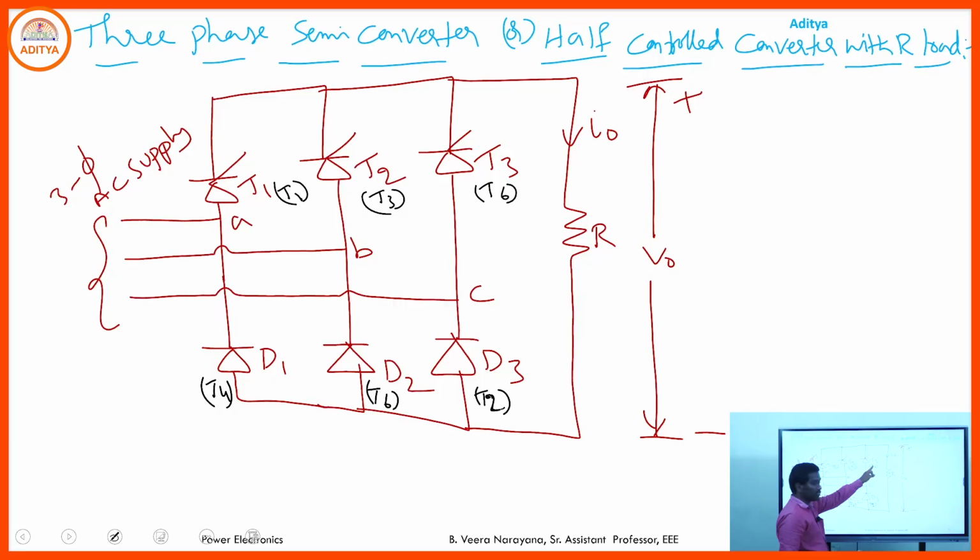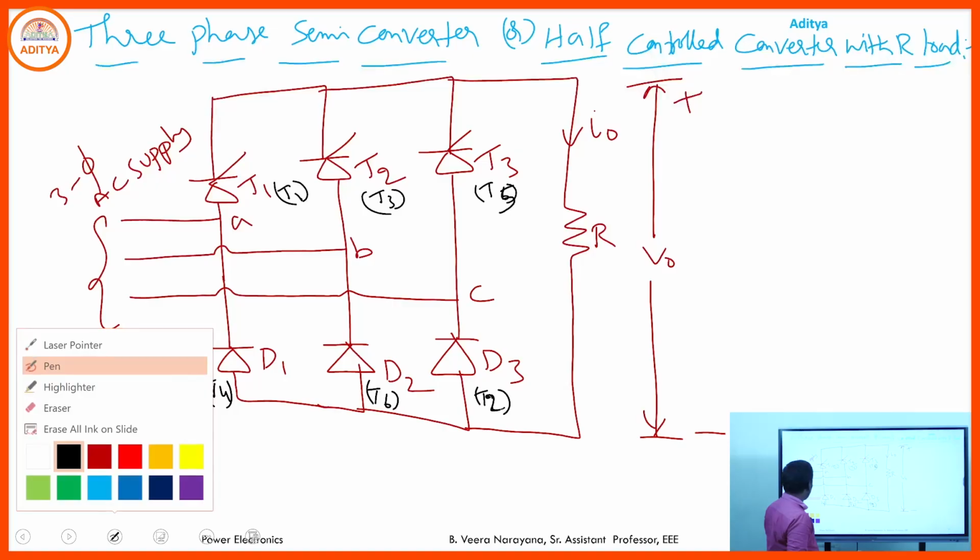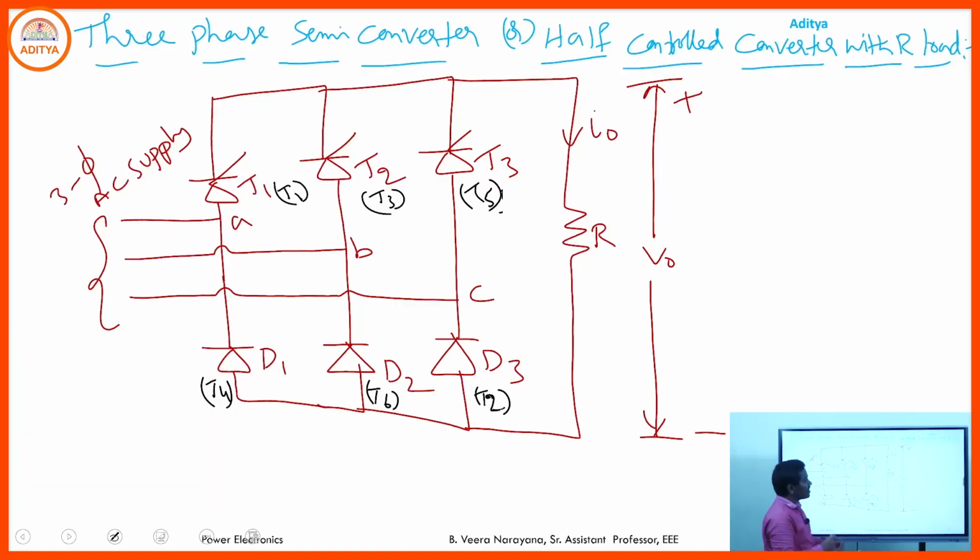T1, T3, T5 become T1, T2, T3. This three-phase semi-converter or half-control converter is able to operate either as a 6 pulse converter or 3 pulse converter, depending upon the firing angle.